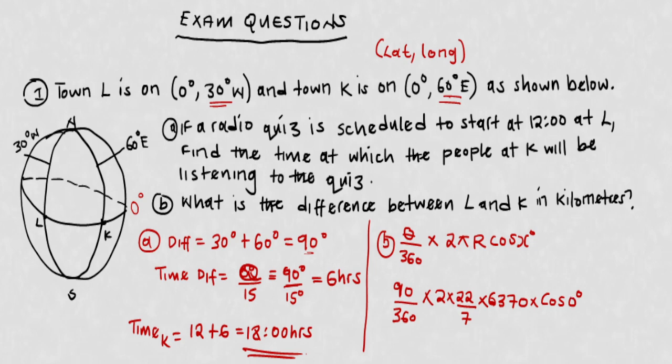You cancel the zeros where possible, then you proceed. If you have challenges with simplifying this type of thing, you can let me know so that we can look at a different video that will talk about such simplifications.